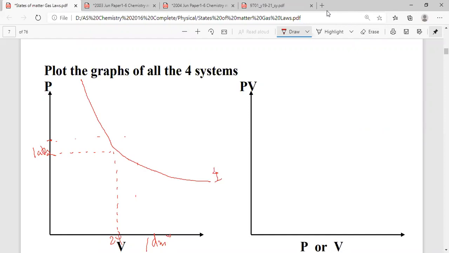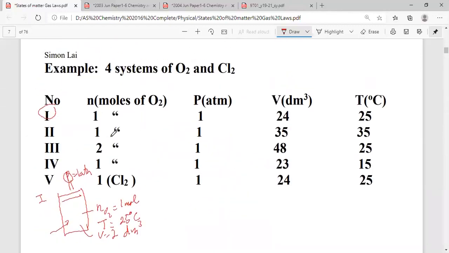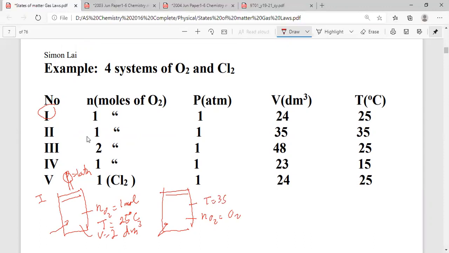That means I keep the number of moles constant and the temperature constant. Okay, now experiment 2. I put in 1 mole of oxygen, but the temperature I keep constant at 35.